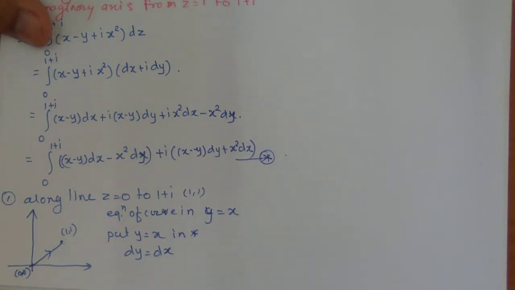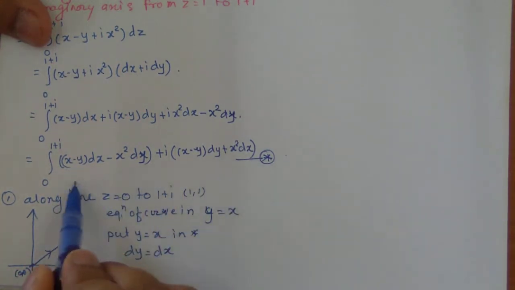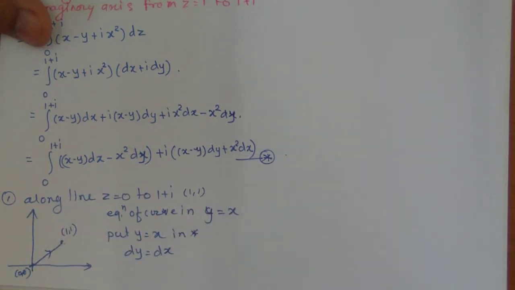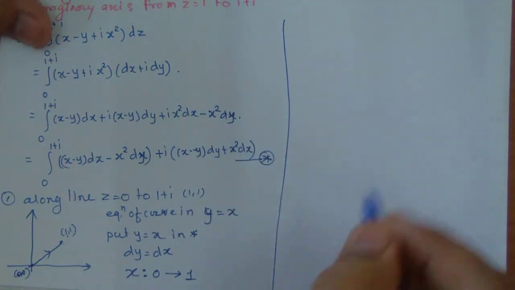As we make the substitution y equals x and dy equals dx, this entire star comes only in terms of x. Now observe the change in the x coordinate. At this point x is 0, at this point x becomes 1. So the change in x coordinate is from 0 to 1. Therefore what will happen now?